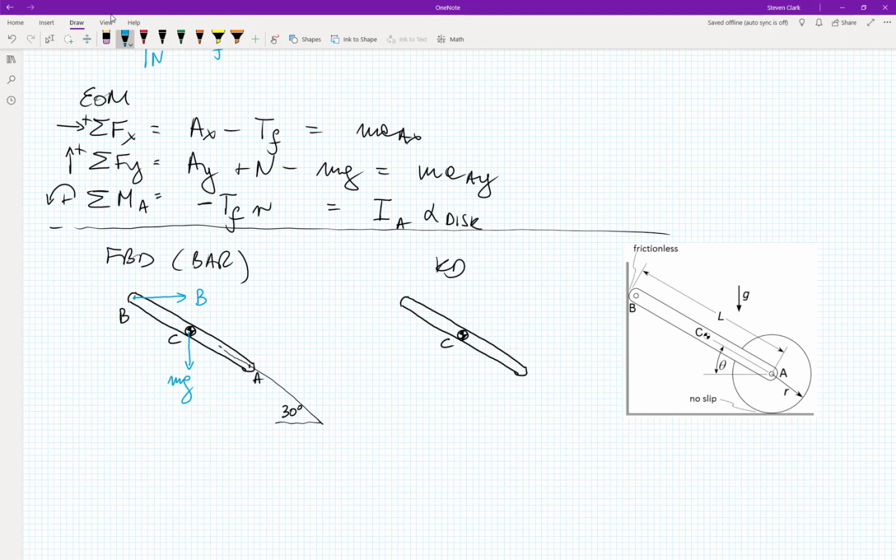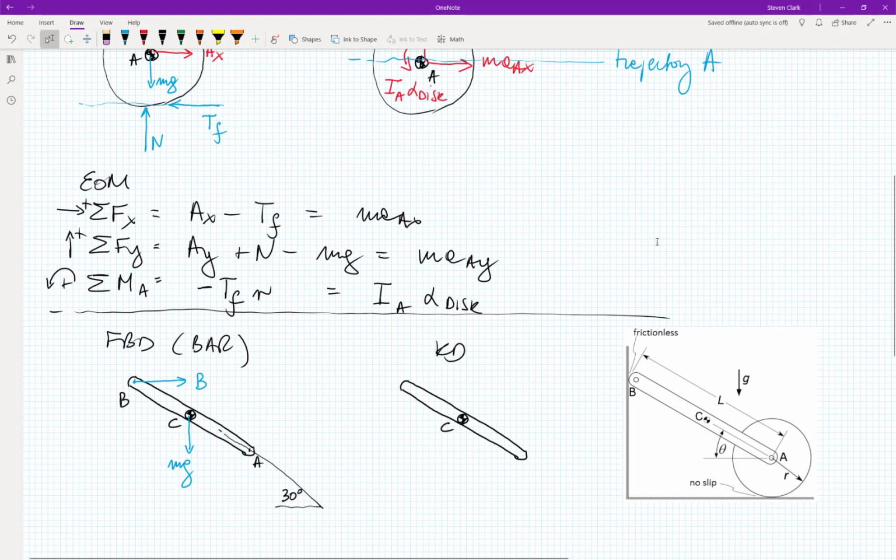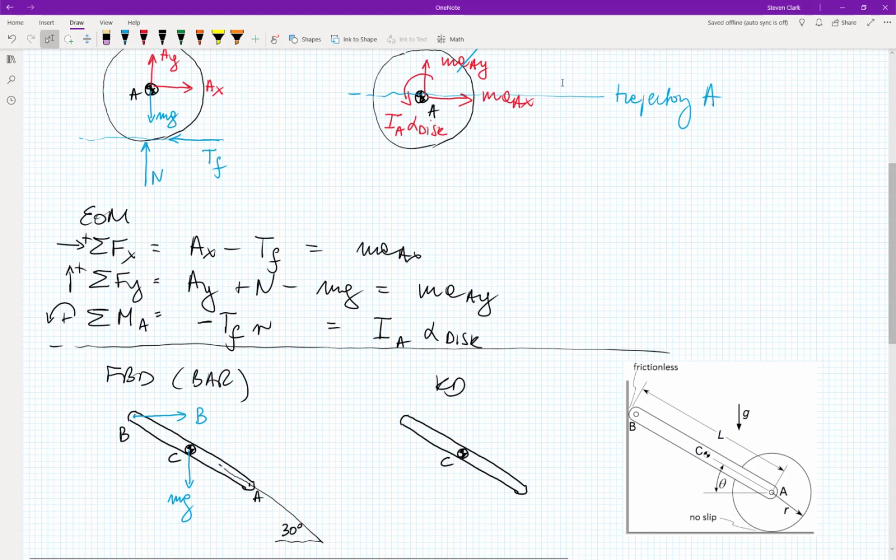The reaction at point B is only vertical. How about A? Same story as before. I must take these vectors from the top of the screen and place them on the other FBD and flip their direction. So in here, our Ay will be pointing this way and Ax will be pointing this way, I believe.